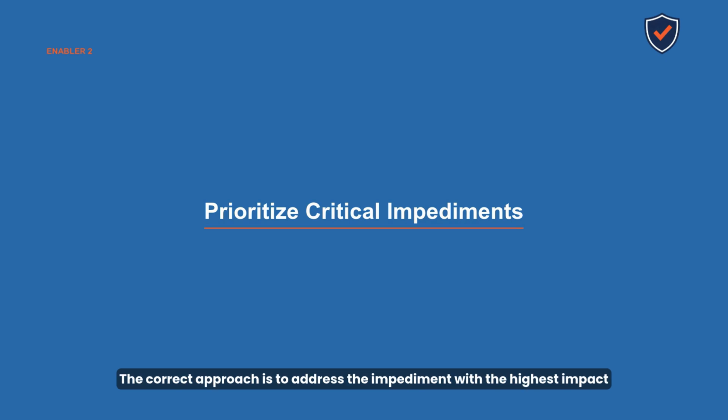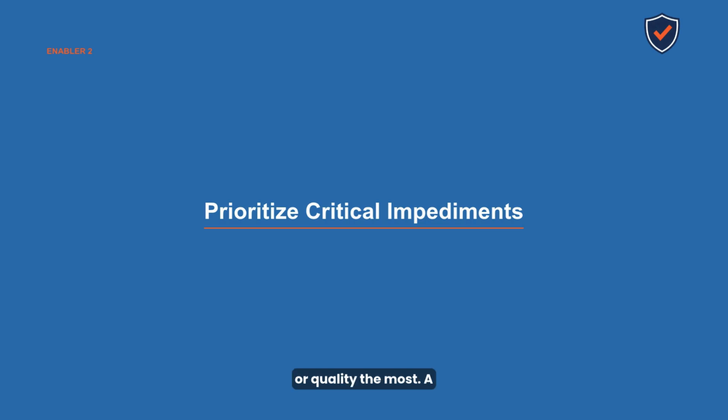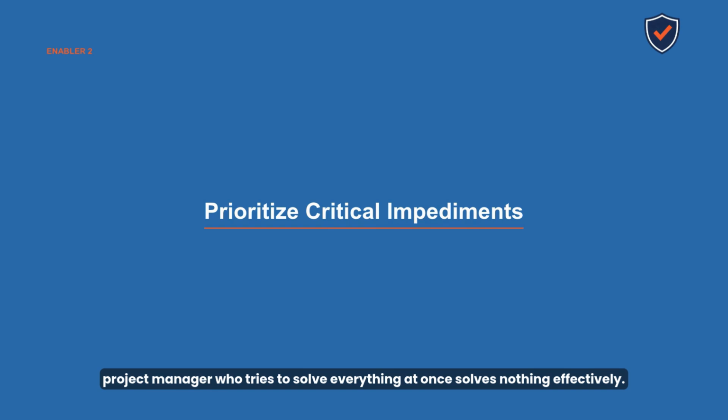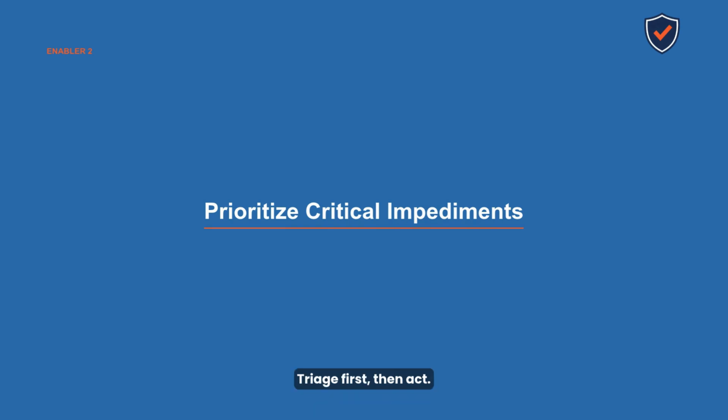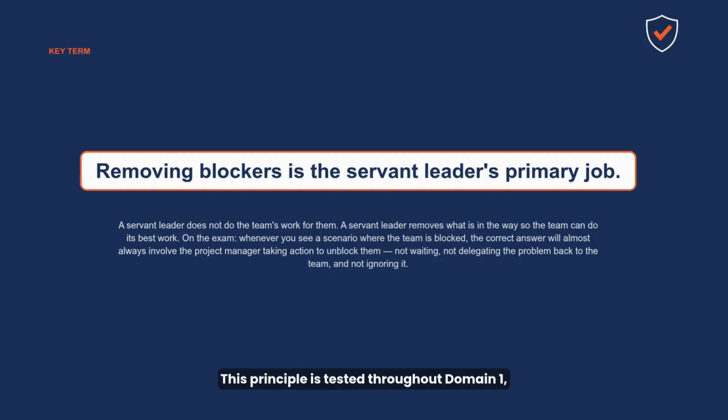The correct approach is to address the impediment with the highest impact on the project first, the one that threatens the schedule, budget, or quality the most. A project manager who tries to solve everything at once solves nothing effectively. Triage first, then act.